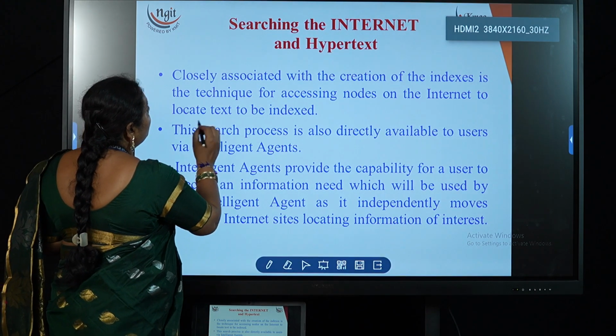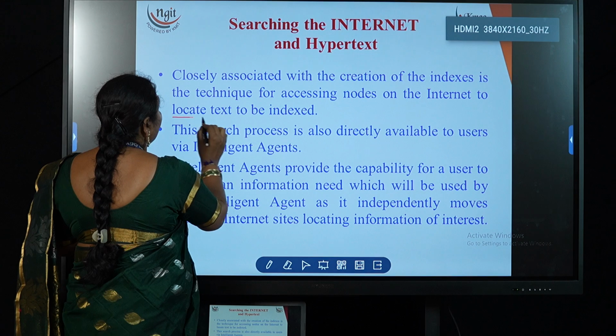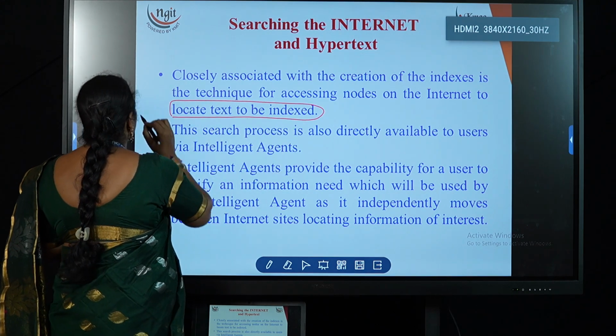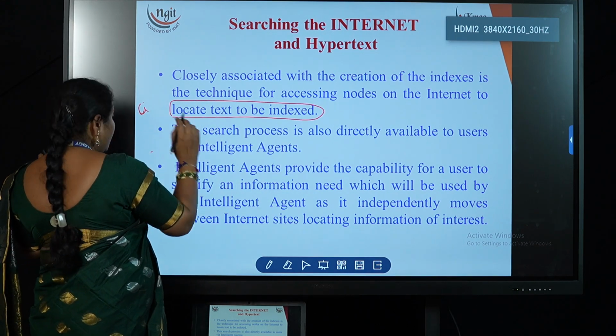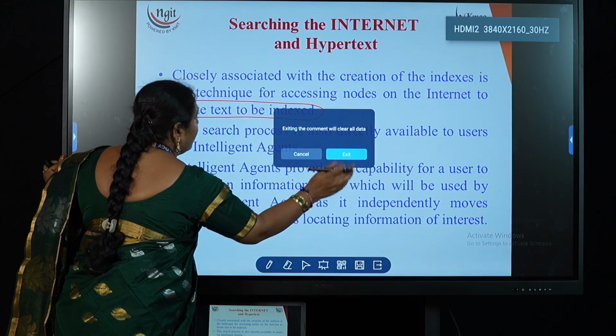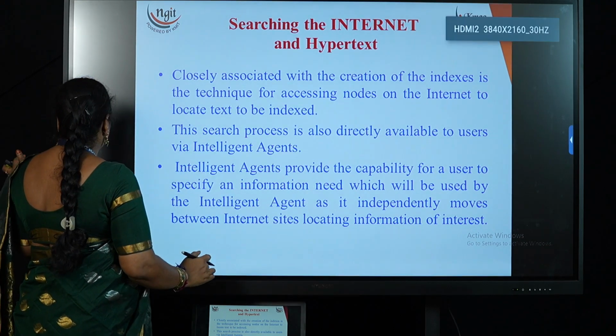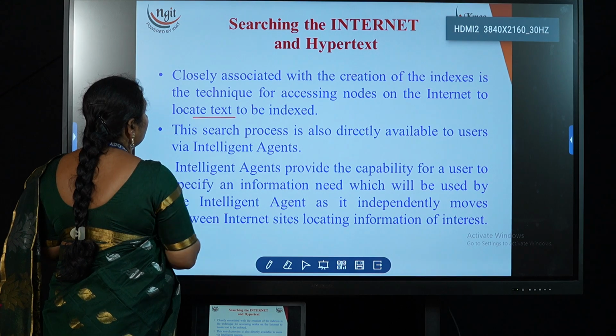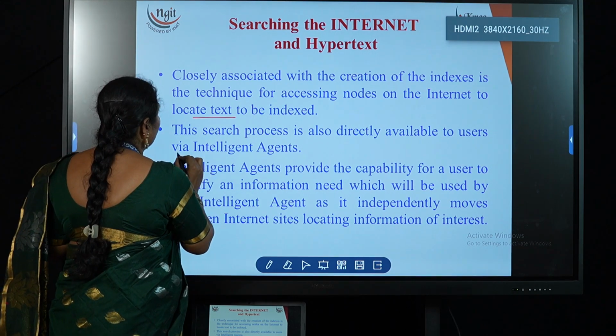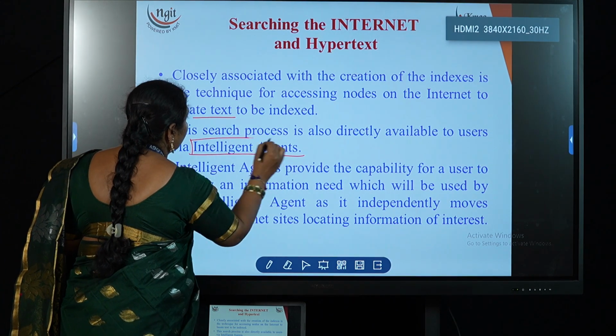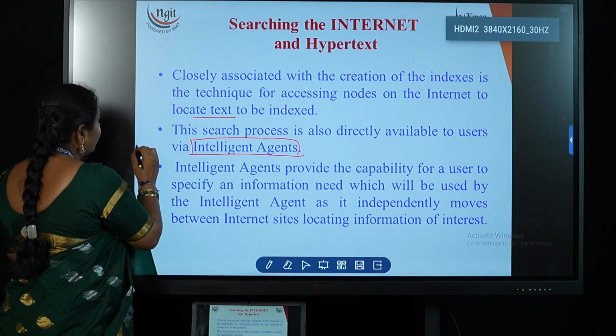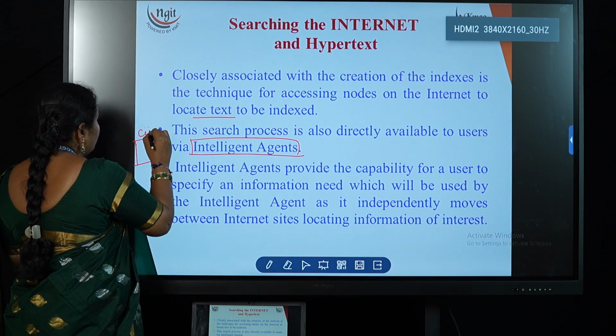So one more technique is accessing nodes, locate text to be indexed. So till now we are using sites that have to be indexed. Now if I want to cite the text also, for this you have to use intelligent agents. One small difference here. So this is my site.